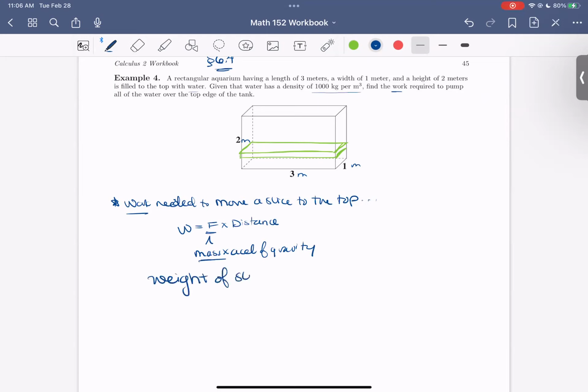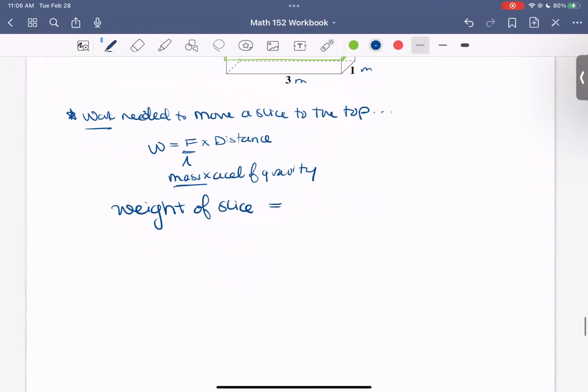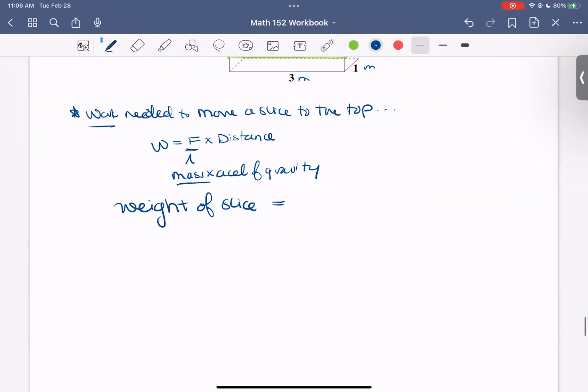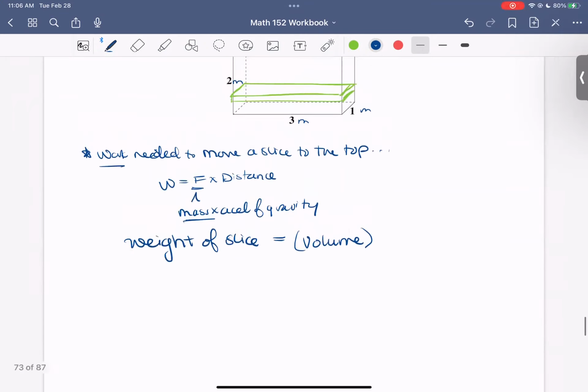Okay, so as we saw in the previous example, we're going to compute the weight of a slice by calculating the volume, because we're dealing with a three-dimensional object here. The slice is three-dimensional, so it has volume, times the density, times that acceleration due to gravity, or the force by gravity.